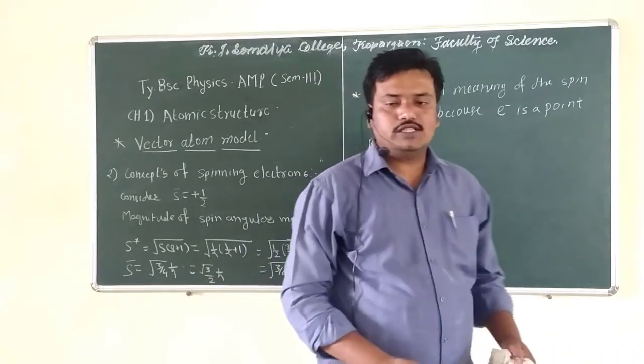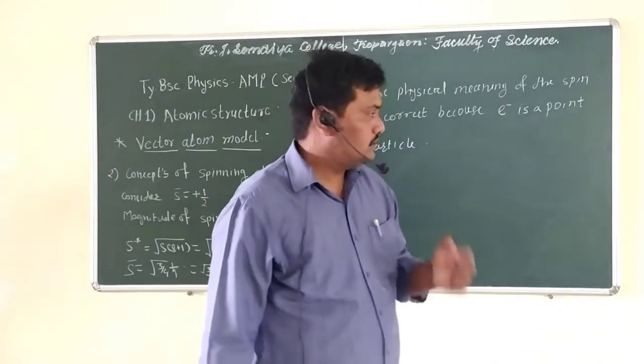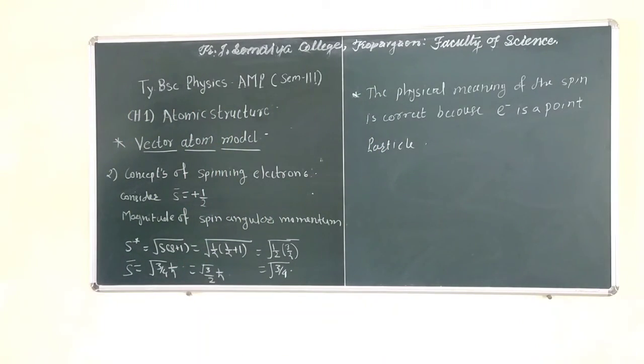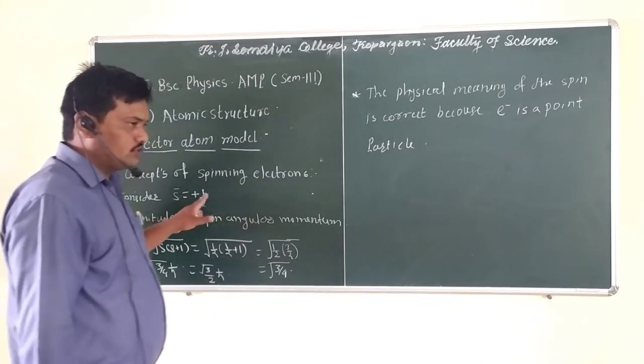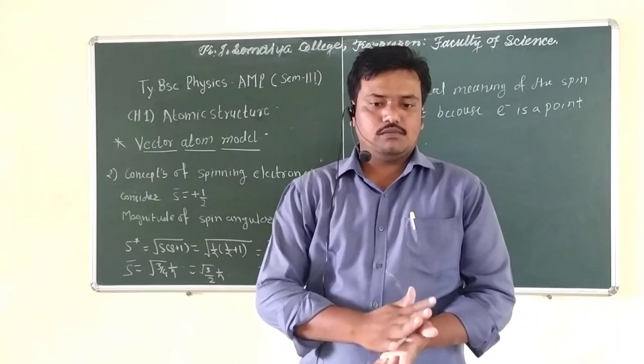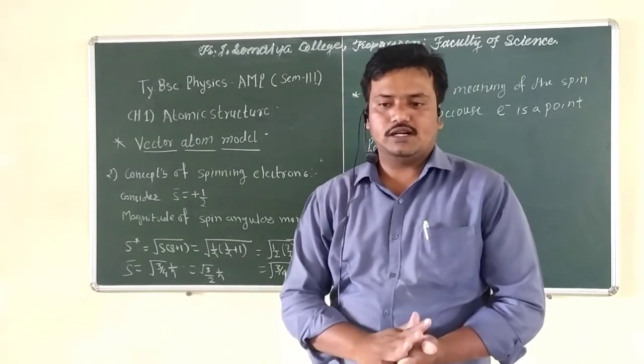Okay, because the electron is a point particle, that's why the spin quantum number has the value S bar given by plus half, and the spin magnetic value is given by plus half and minus half. Okay.